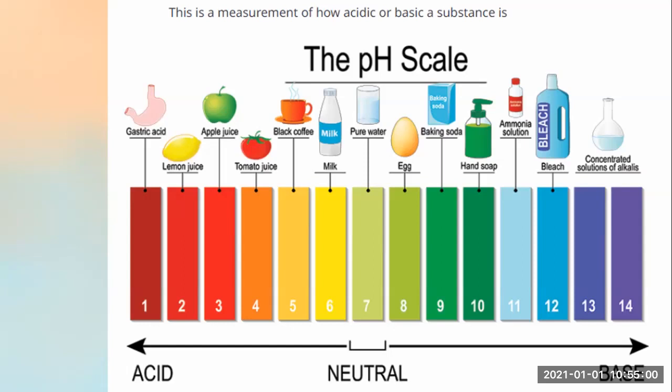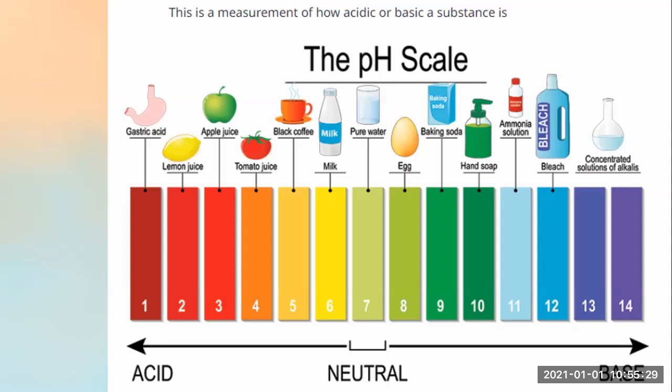Now, can you see numbers 8 to 14? From a little green to the 14th one, the violet one, right? When we obtain such colors of the universal indicator in the activity, I can say that the substance is basic in nature.